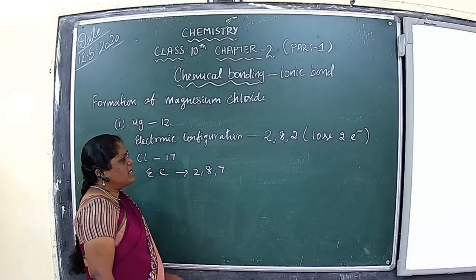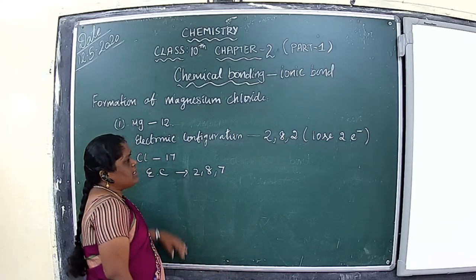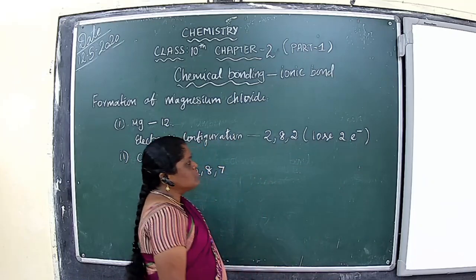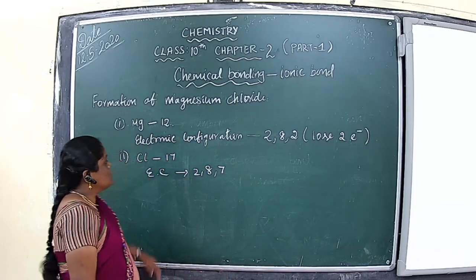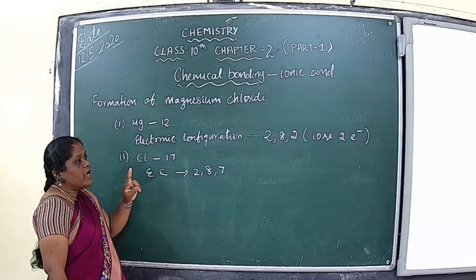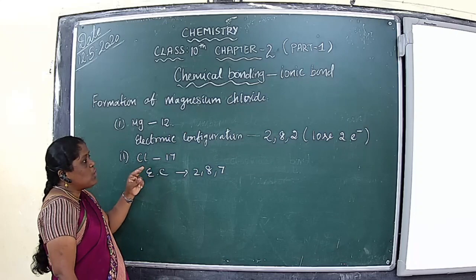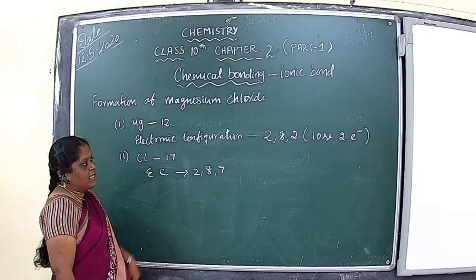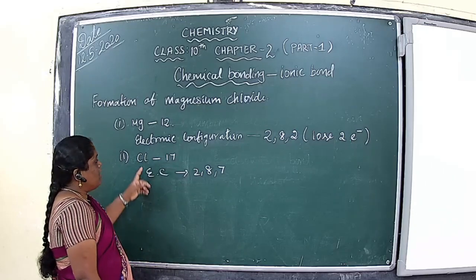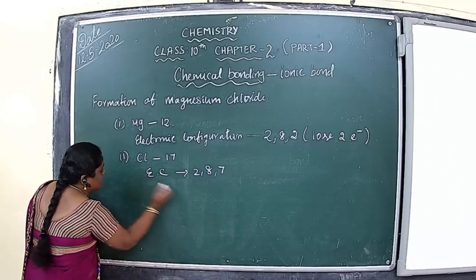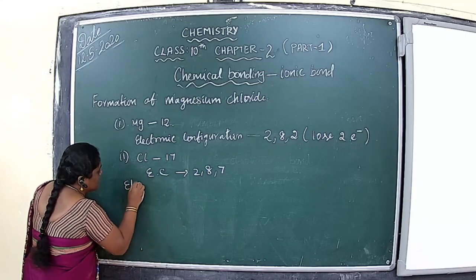Here magnesium loses 2 electrons, so there are 2 chlorine atoms, and each chlorine atom gains 1 electron. Understood? Not only 1 chlorine, 2 chlorine.